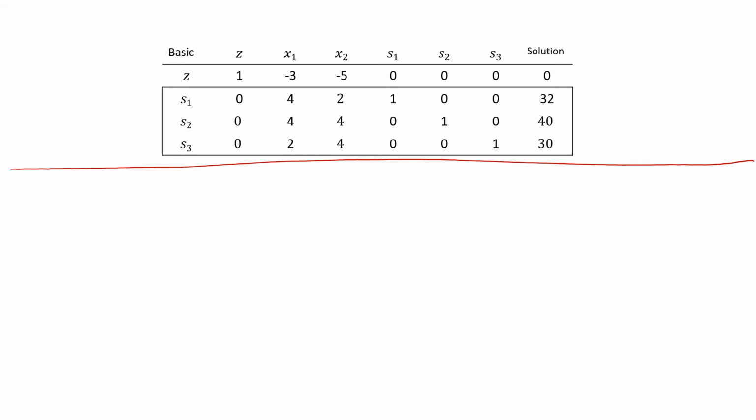We're going to redo it: Z, X1, X2, S1, S2, S3, and solution. First thing, in our basic column, take out the leaving variable and put in the entering variable. If we recall, X2 was our entering variable, S3 was our leaving variable.